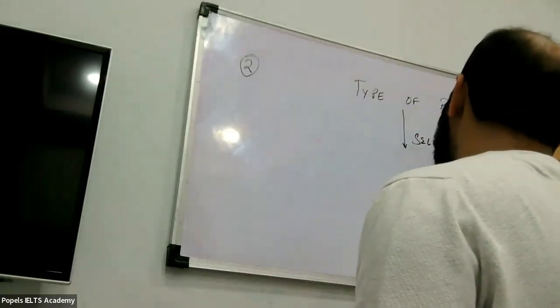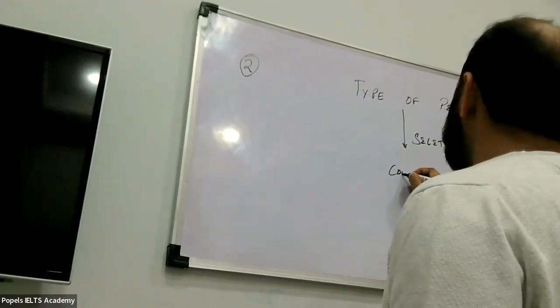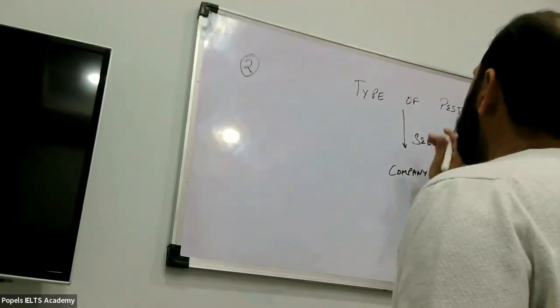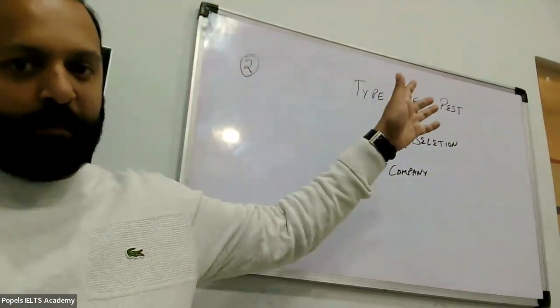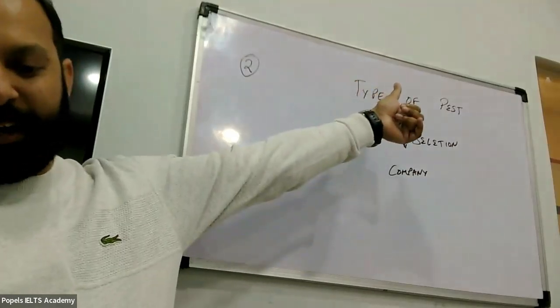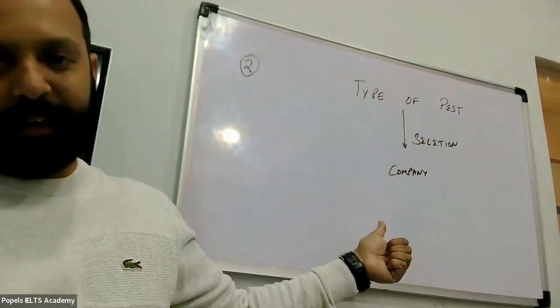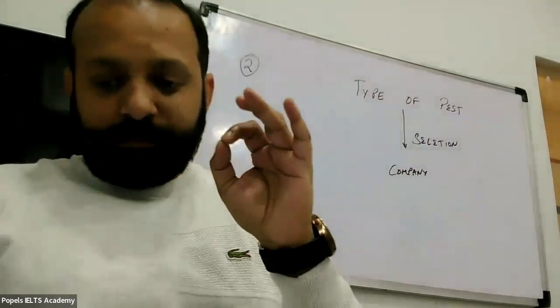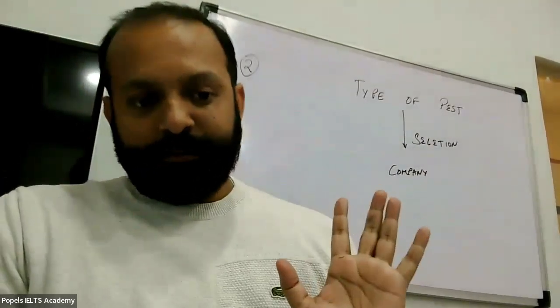Selection of company is dependent on what? Type of pest. That means if it is A category pest, you should contact A company. If it is B category pest, you should contact B company, right? It is best to choose a company that specializes in that.